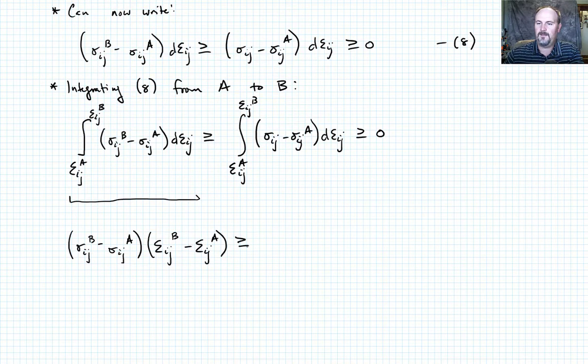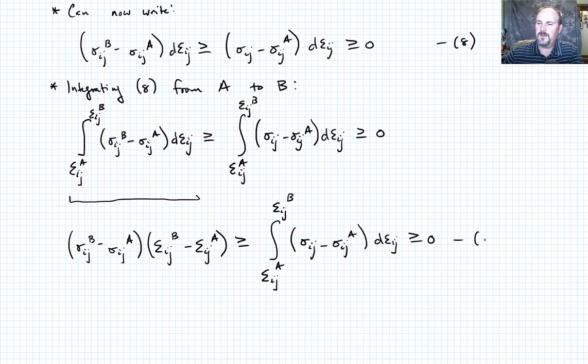And then that's going to be greater than or equal to the integral from epsilon ij a to epsilon ij b of sigma ij minus sigma ij a d epsilon ij, which must be greater than or equal to 0. We'll call that equation 9.